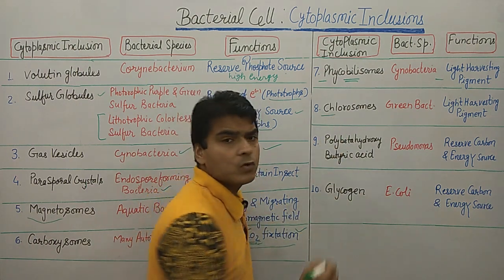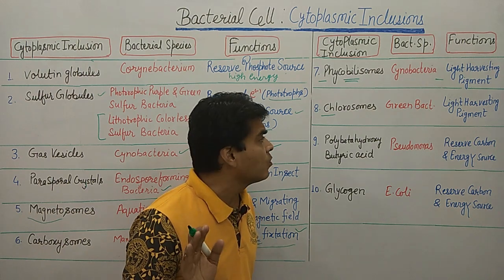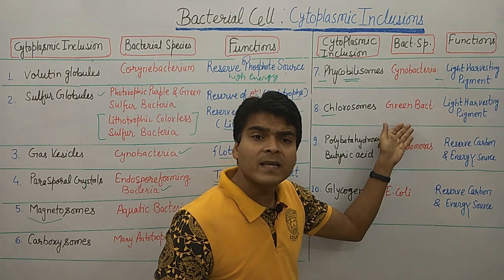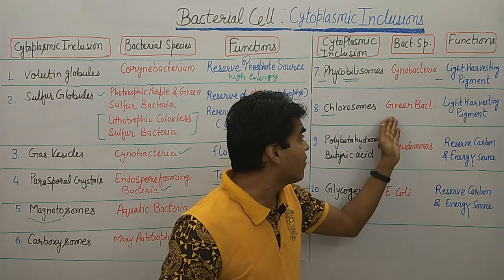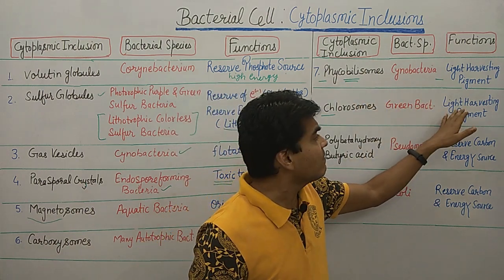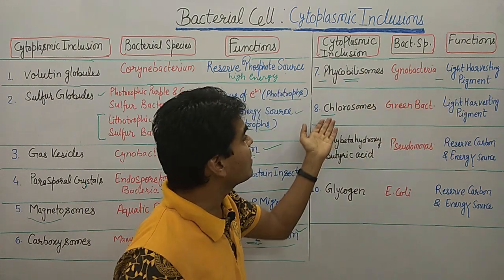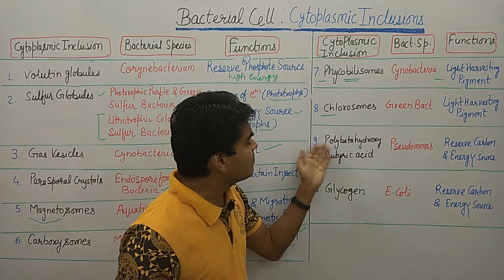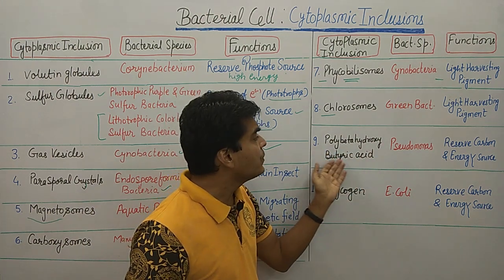Then the next one is chlorosomes. In which type of bacteria do we find them? In green bacteria. Again the function is the same: chlorosomes are light harvesting pigment. Clear?